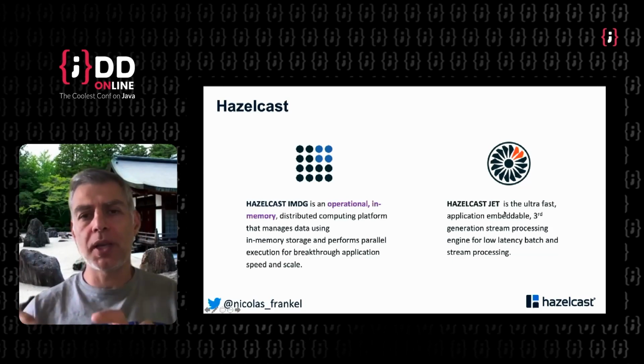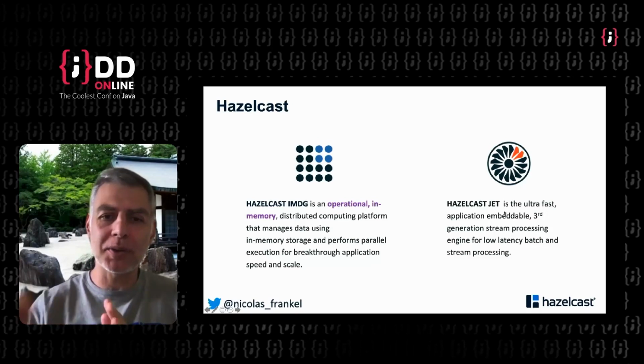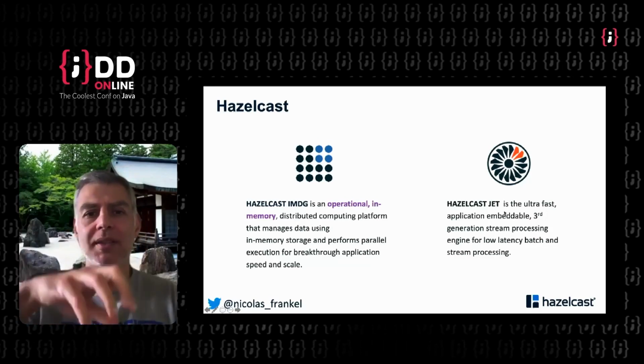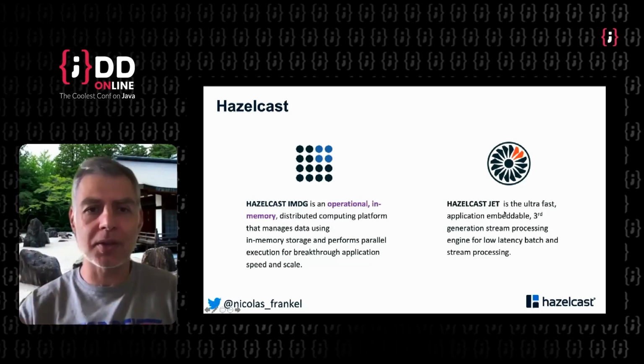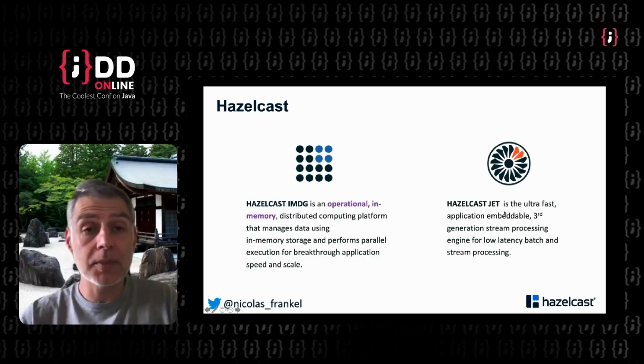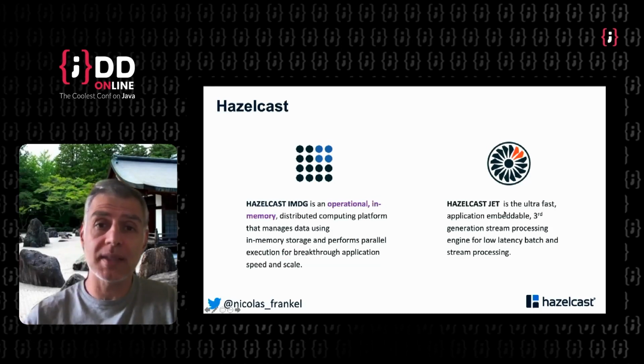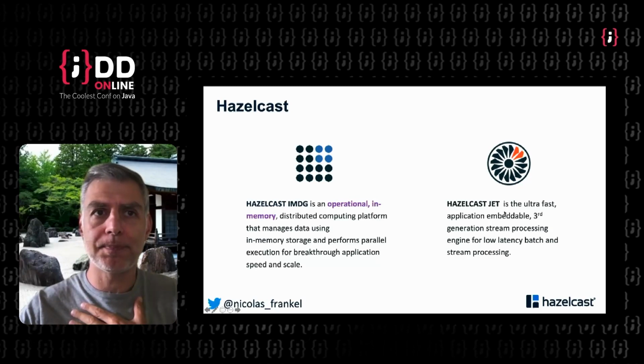What we are doing is the same thing. We have a very close interface, but then everything is distributed, so you don't see the complexity of distributed systems. The second product that we have is called Hazelcast Jet, and since I will showcase it in the end, I won't talk about it further.